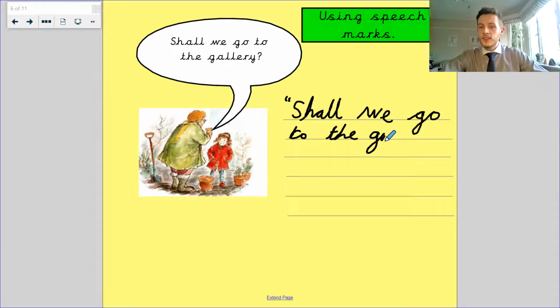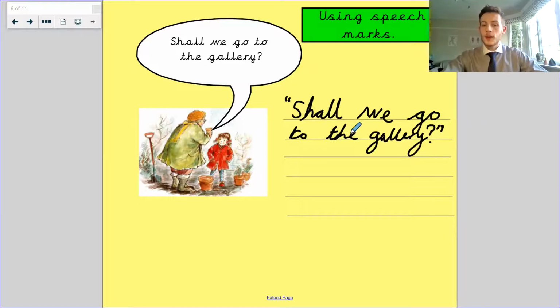Now, this isn't the end of her speaking. Well, it is the end of her speaking, sorry, but it's not a statement. It's a question, and because it's a question, it means it needs a question mark. Then we need to put our 99 to end our speech, though nobody else is talking. But right now, we do not know who was speaking.